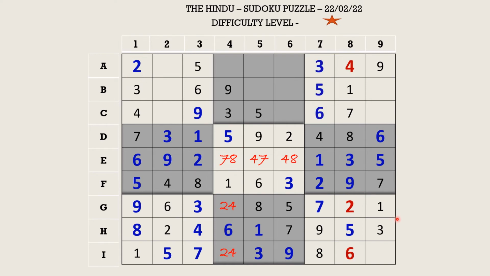The only missing number in 9th block is 4. In C row, if you see, there is a 2 here which blocks this cell. There is a 2 here which blocks this cell. So in C row, C9 is the only place where 2 can be. Now in column 9 there is only 1 empty cell and 8 goes there.